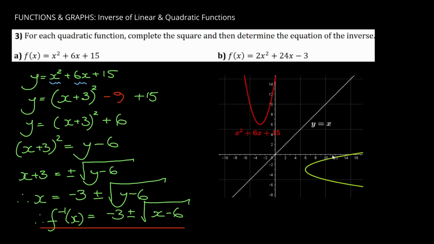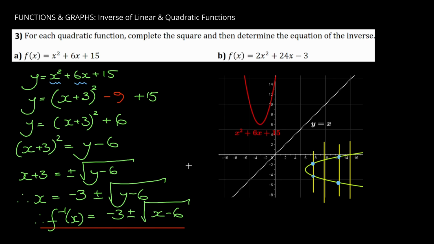But to mention again, we can't call this inverse of the quadratic equation a function, because if I pop a vertical line across the function at any point, I get two answers for y. So to avoid this problem, we have to restrict the domain of our x values such that we only have half of this curve.